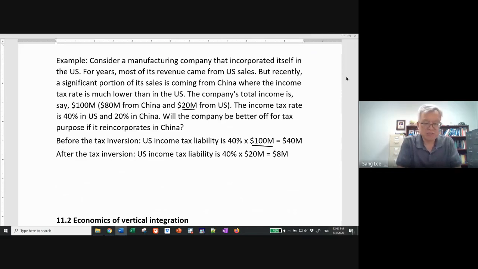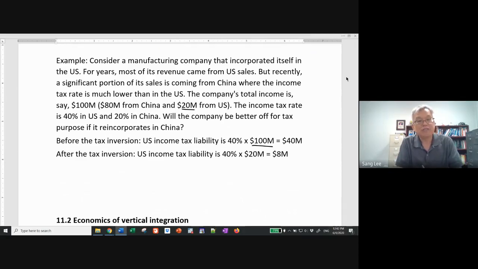Well, according to the US tax laws, income earned from abroad is still taxed in the US. So no matter where you earn your income, as long as you remain an American company, your income is subject to the US income tax rate. So 40% times $100 million, and you end up paying $40 million in tax.